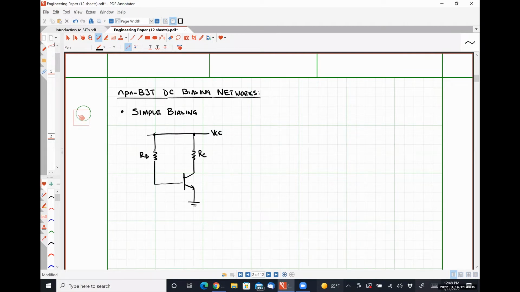And so our operating point is going to be defined by our base emitter voltage VBE and our collector current IC. And another important thing will be the quantity VCE. Because VCE as compared to VBE will tell us whether or not our device is actually operating in the forward active region or the saturation region, okay?